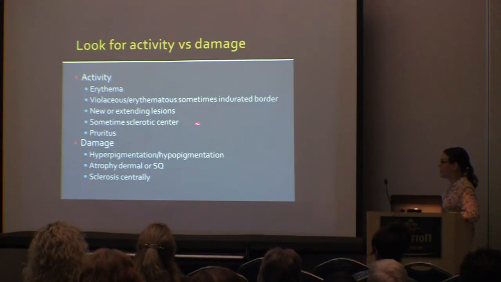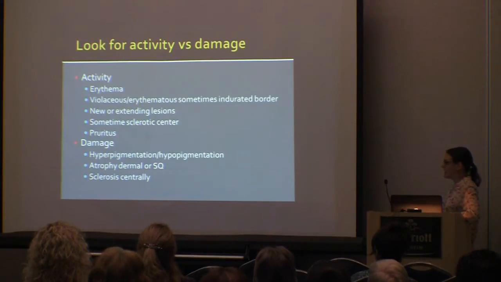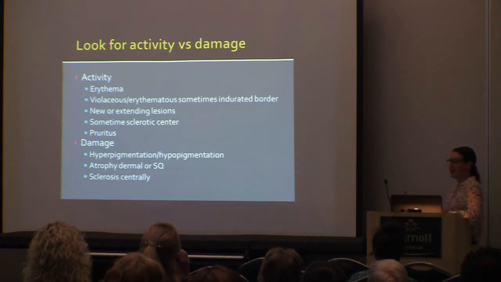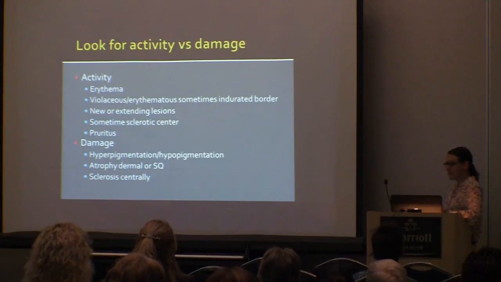And they have that firm, sometimes whitish sclerotic center. Some people actually have itching and pain when their lesions are active, but in other cases we also see pain, not all the time, but infrequently, that continues even afterwards as part of damage. So that can work either way.